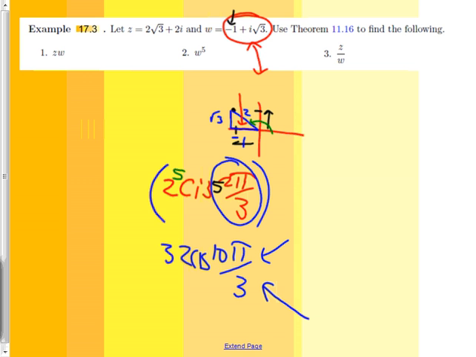I'd like you to figure out where 10 pi over 3 is. Just go like, okay, here's 1 pi over 3, 2 pi over 3, 3 pi over 3. Figure out what 10 pi over 3 is and give it a new name that's between 0 and pi or 0 and -pi.